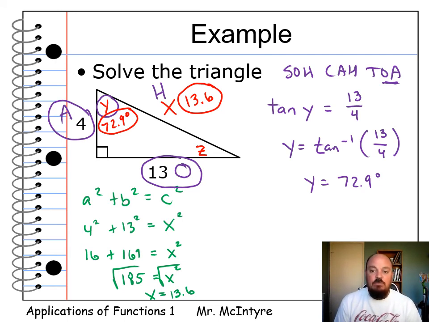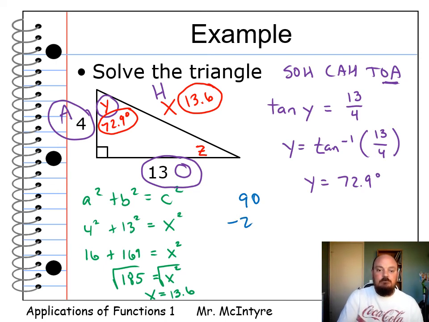Now, we're almost done with the question. Now, if you remember back from the notes a few minutes ago, I said in every single one of these questions, you're going to have two kind of actual work parts, and that's what you see right now in the green and the purple. One of the three things, don't do that again, because as soon as you know one of the angles, now that I know that that angle is 72.9 degrees, for the last one, all I do is subtract it from 90.